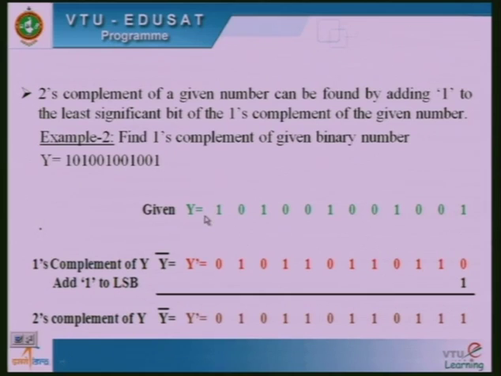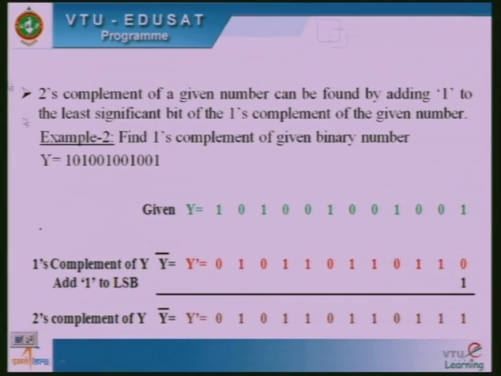That number is taken as it is here, and then we find the 1's complement of the given number. So this 0 is written as 1, 1 as 0, and so on: 1 becomes 0 and 0 becomes 1. All individual values are inverted and written like this.